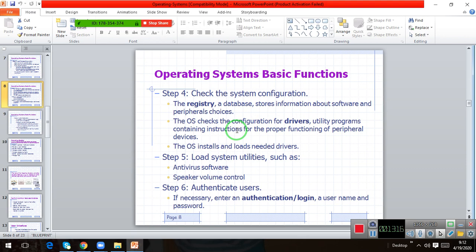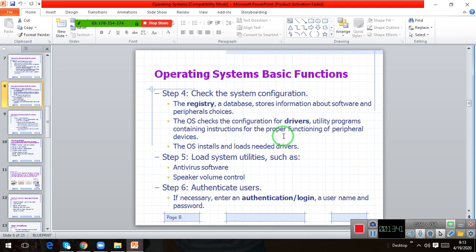Then the OS checks the configuration for the drivers, utility programs containing the instructions for the proper functioning of the peripheral devices. In the past, when we connected any device, we first needed to install its driver. A driver is software.